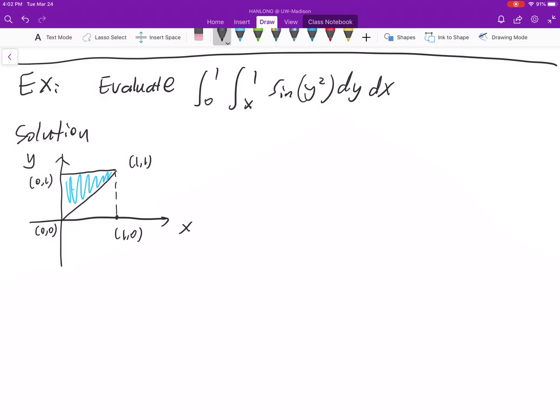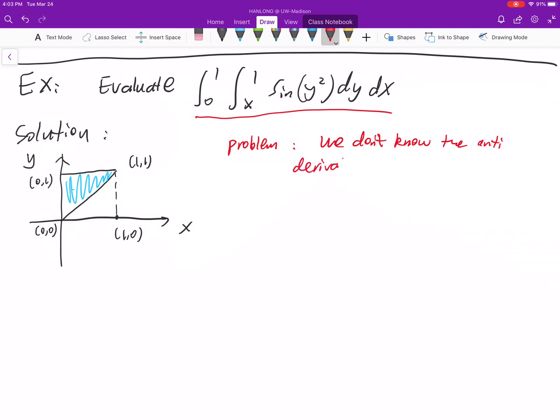Okay, this is a geometric description, but if you look at the integral, the problem is we don't know the antiderivative of sine y squared explicitly.